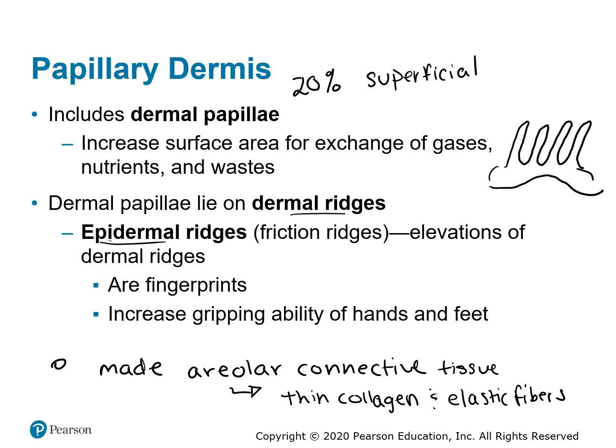The formation of those dermal papillae is changed a little bit by oil glands and hair glands and stuff like that. So everyone's fingerprint is going to be different. Even identical twins will have different fingerprints. Okay? They are unique and individual to the person.